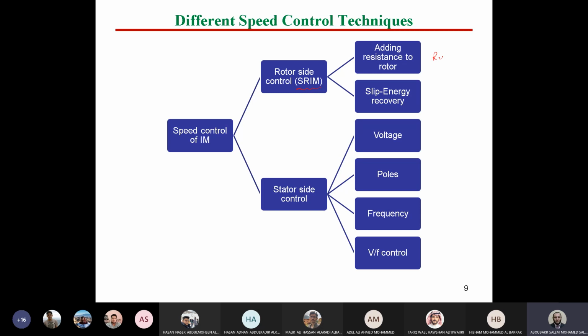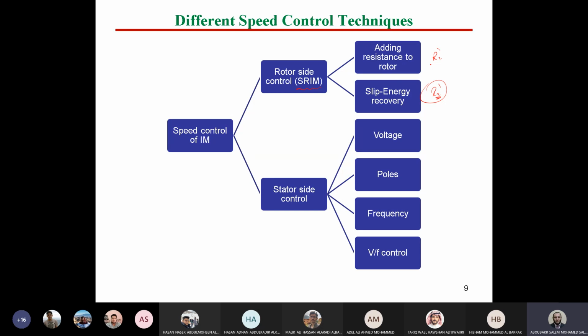So here we control using R2 prime. This depends on something called slip energy recovery. We will discuss it in more detail. It's an advanced technique. However, it's also based on R2 prime. So based on the effect of resistance, we are going to make a technique called slip energy recovery. This technique is much more preferred compared to physically adding resistance.